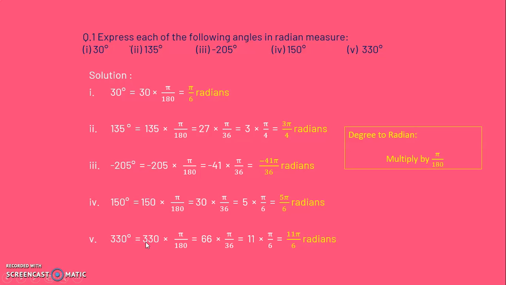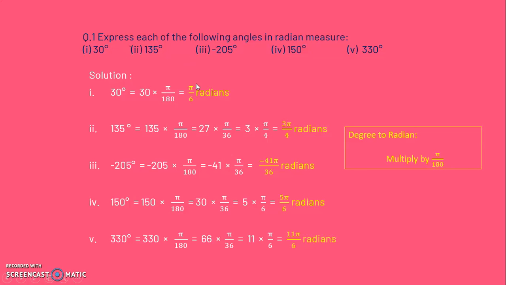If we cancel 330 and 180 with the table of 5, the answer will be 66 into pi by 36. Then 66 and 36 are cancelled with the table of 6, so 11 into pi by 6, which is 11 pi by 6 radians. And please don't forget to mention radians in your answer.